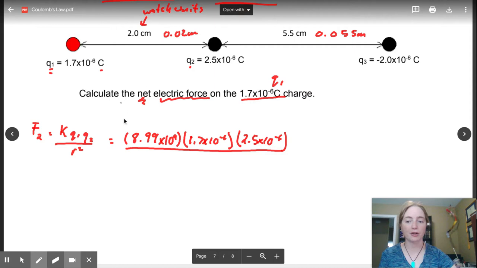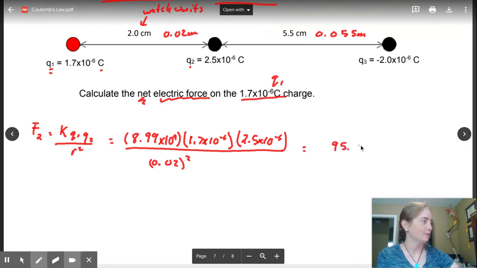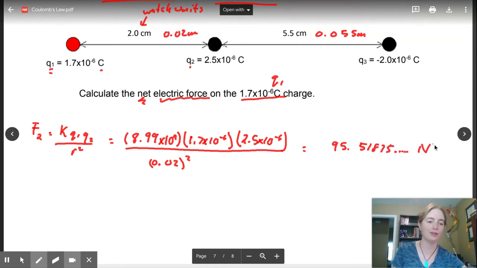Divided by your r squared, making sure you've got your units converted, so your 0.02 meters, squared. You are going to wind up with F2 as 95.51875 and so on newtons.